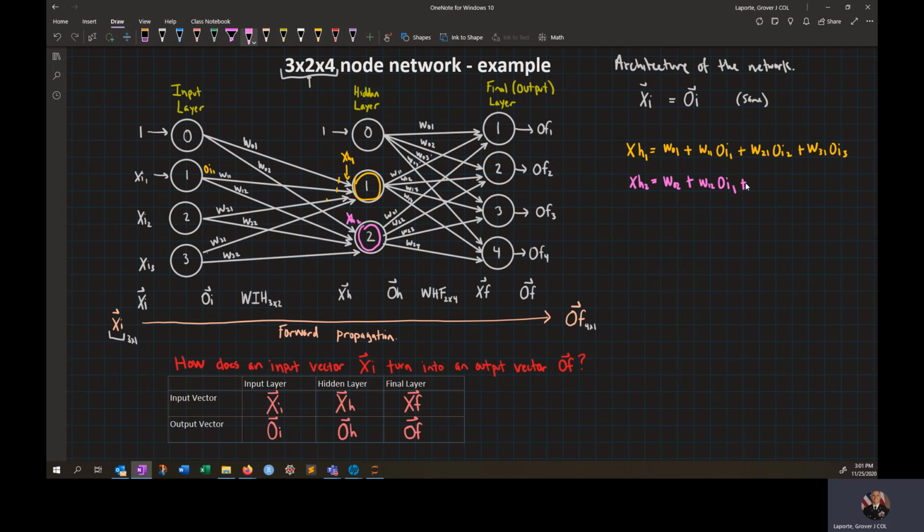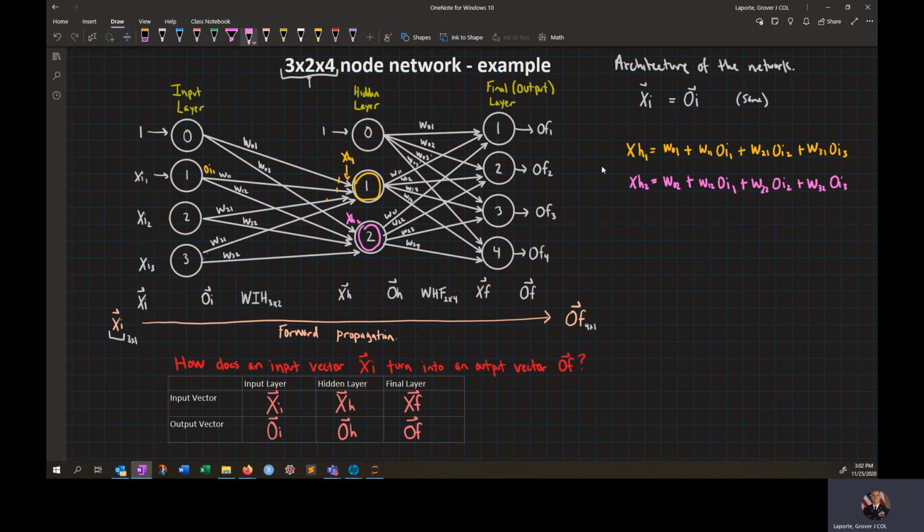Then plus W22 times OI2, plus W32 times OI3. You can start seeing the pattern here, hopefully, because we're going to need the pattern in a second. OI3 is the number that's coming out of here.